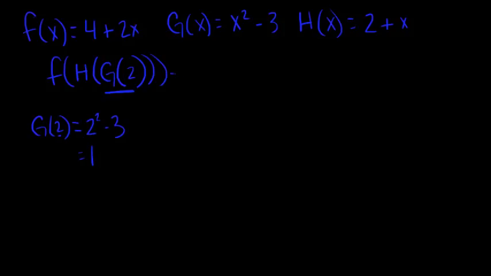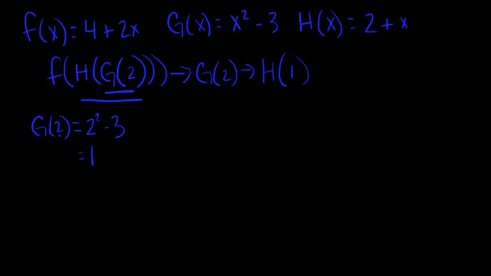So now I'll do the h of g of 2. And so the first one was the g of 2. And then the second one is the h of g of 2. So we have the g of 2 we found to be 1.